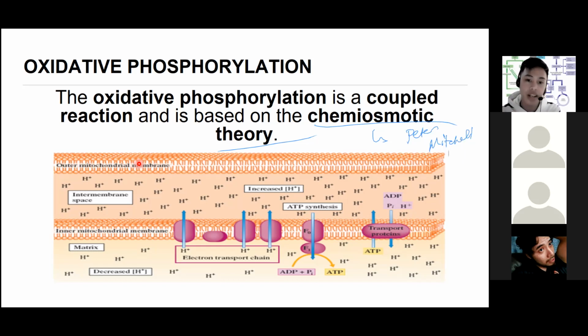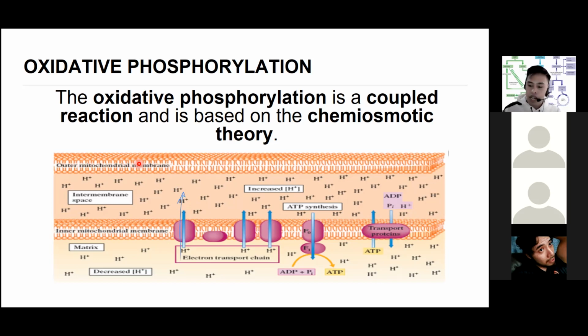So what is the significance of pumping hydrogen ions into the intermembrane space? Okay, as you do Krebs cycle, there will be plenty of NADH and FADH2. Am I right? So therefore, there will be a lot of electrons that will move along these complexes, correct? So as a lot of electrons move along the complexes, you would expect plenty of hydrogen ions being pumped into the intermembrane space.